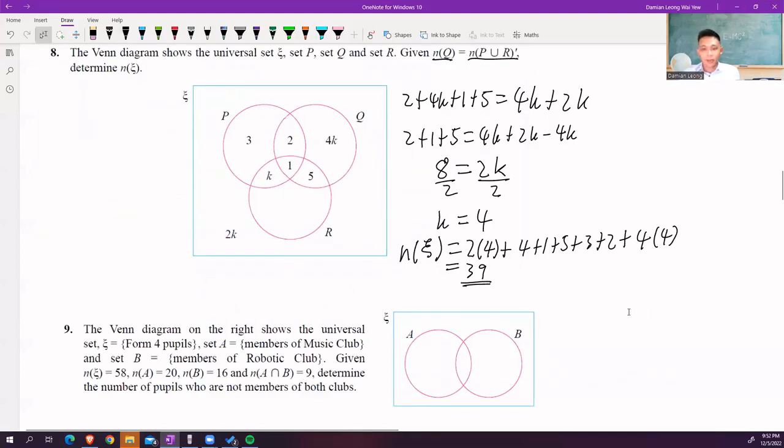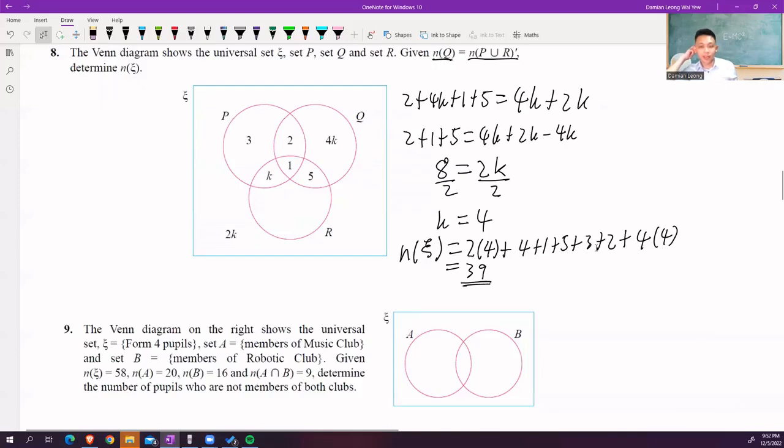Then question 9. The Venn diagram on the right shows the universal set, where the universal set is from 4 pupils. Set A is members of the music club. Set B, members of the robotics club. So given n of the universal set is 58, n(A) is 20, n(B) is 16, n(A intersect B) is 9.